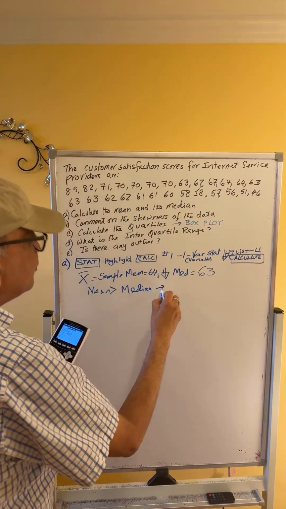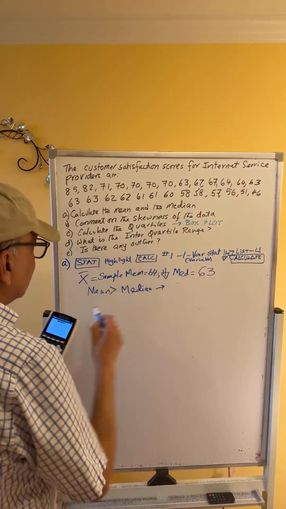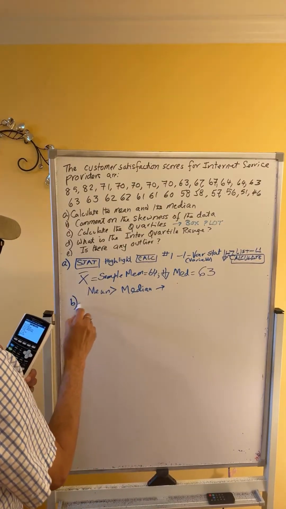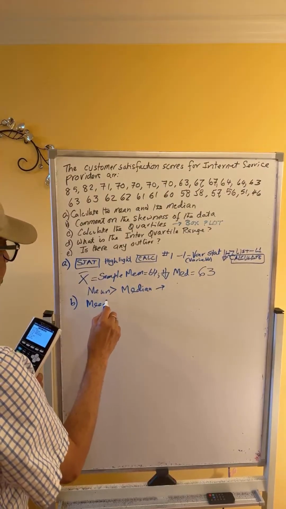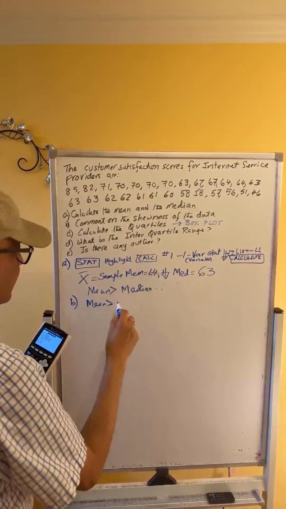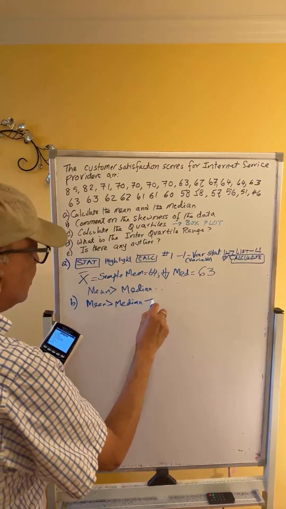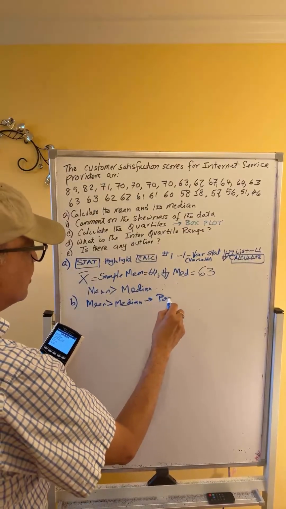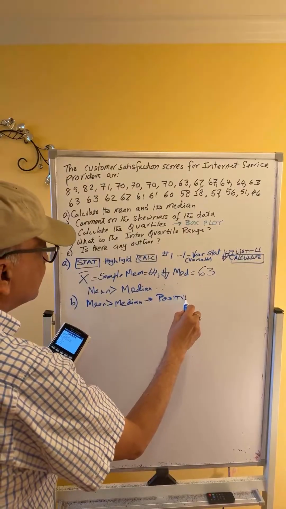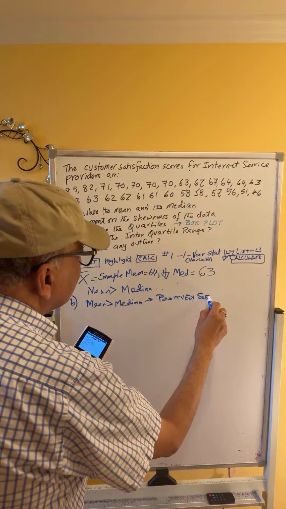If the mean is greater than the median, therefore this data set is positively skewed, or skewed to the right.